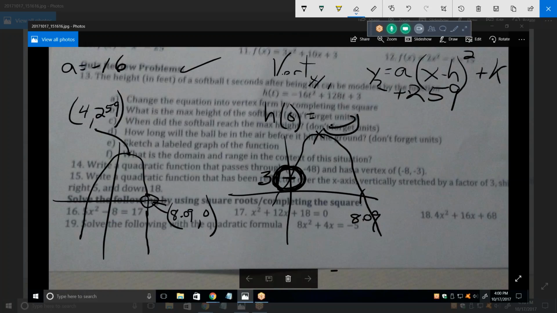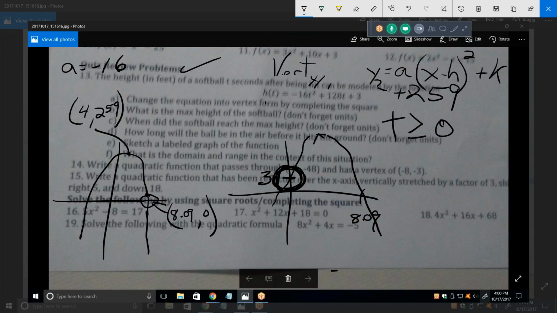So the domain is all of the allowable values for t. Well, what are the allowable values for t in the context of this problem? So 0 is less than t, which is less than... You could write it like this. t has to be greater than or equal to 0.